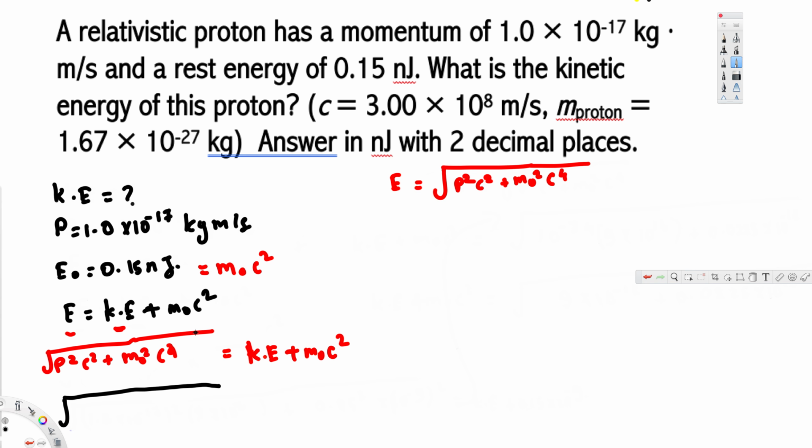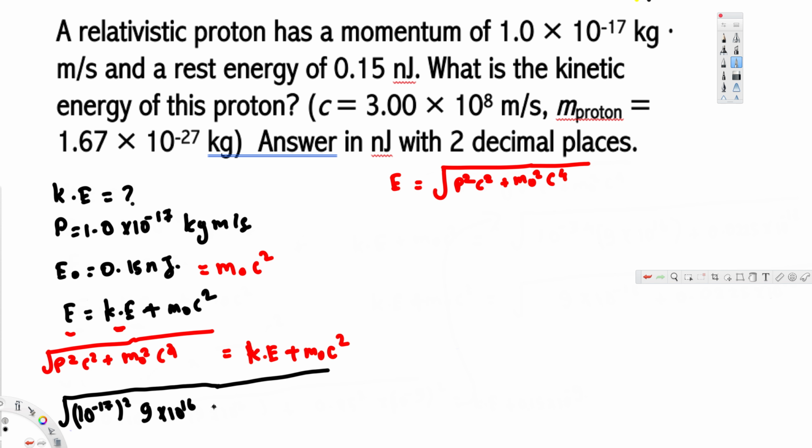In our case, momentum is 1 times 10 to the power minus 17. We can just write 10 to the power minus 17, because 1 time doesn't make any difference, right? So this is going to be just 10 to the power minus 17 square, and then c square is the speed of light square, that's going to be 3 times 10 to the power of 8 square. We can directly square that one, that's going to be 9 times 10 to the power of 16.